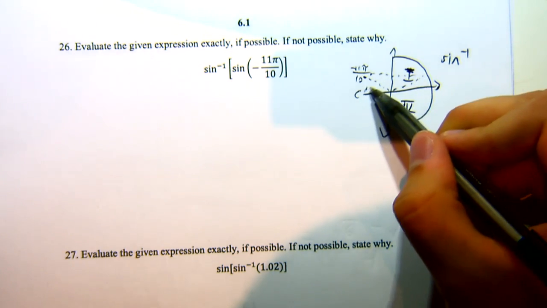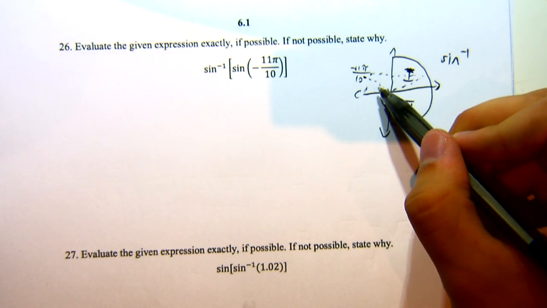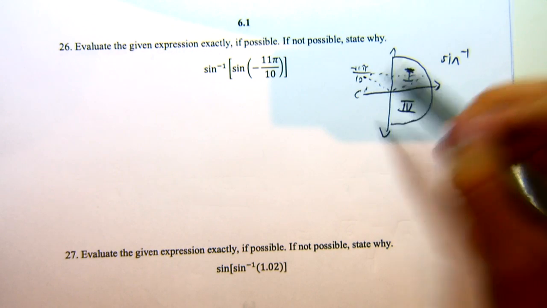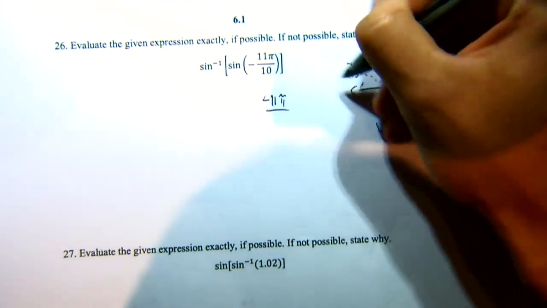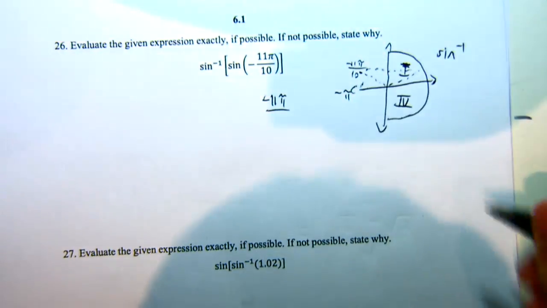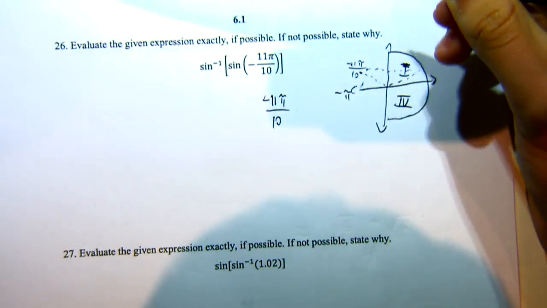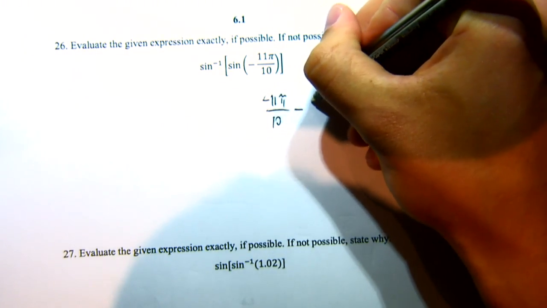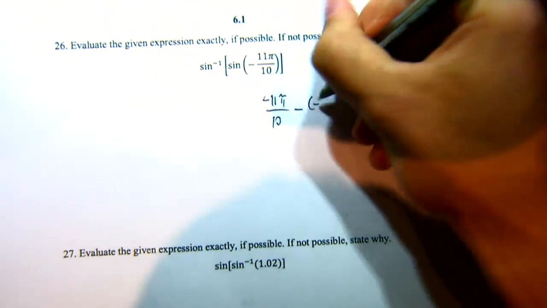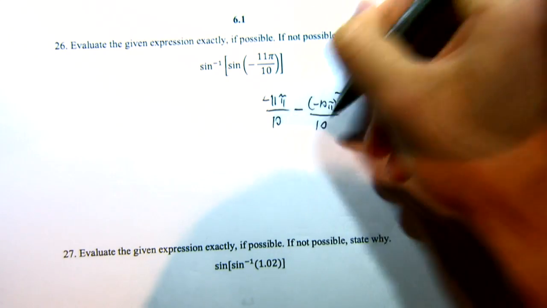So what is the angle for this slice? Anyone know? Essentially what we could do is just, this we know is negative pi. So we could do negative 11 pi over 10, and we can subtract from it negative 10 pi over 10.